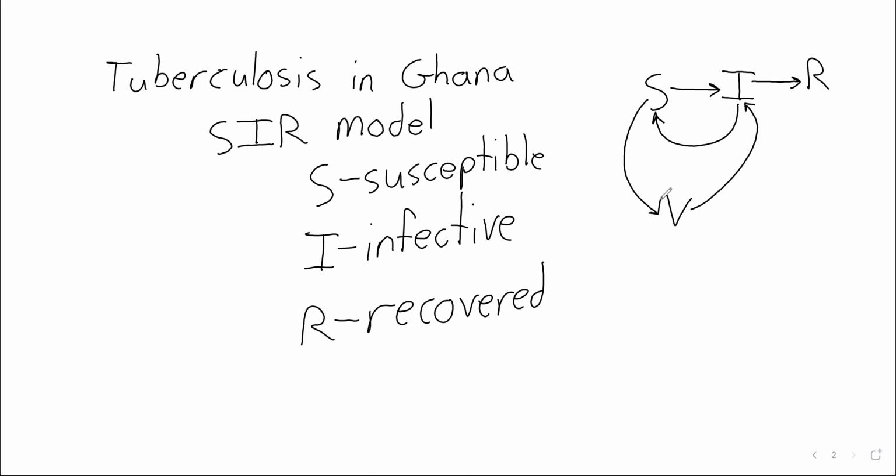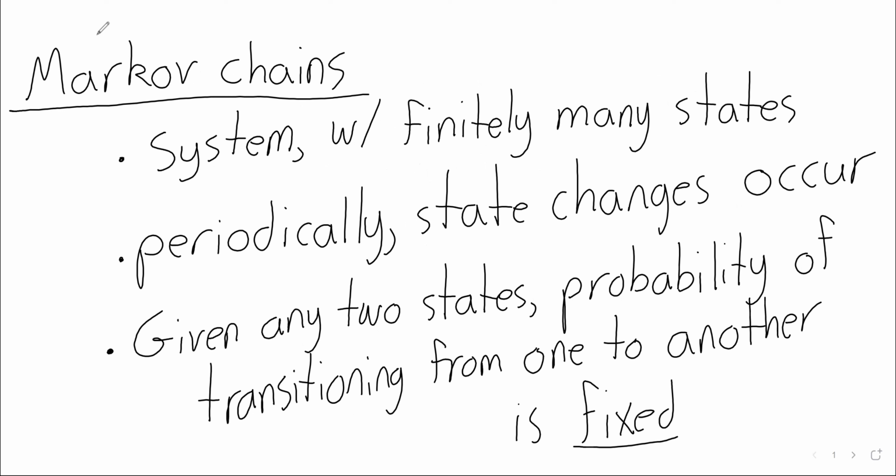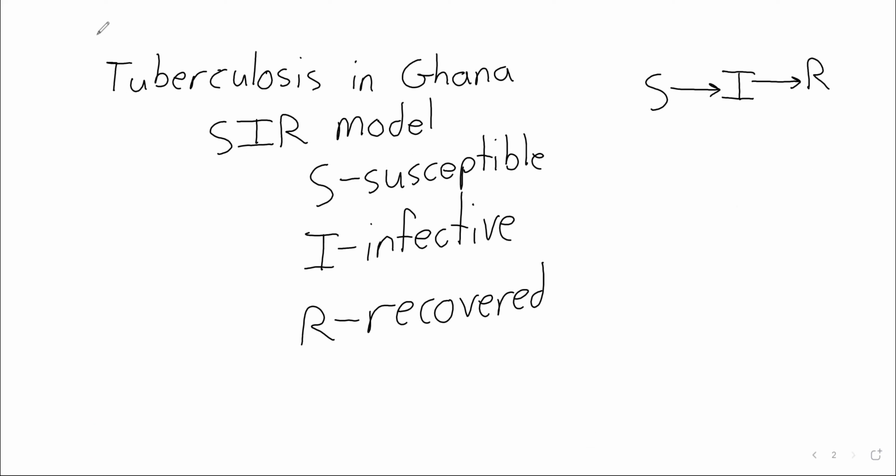But let's just look at this. So, first, particularly looking at this in the context of that last condition, that given any two states, the probability of transitioning from one to another is fixed. That we have finitely many states, that's clear.